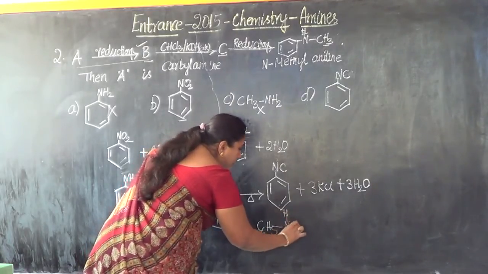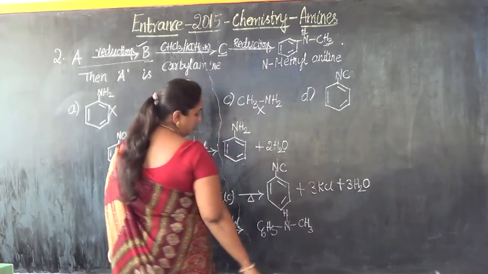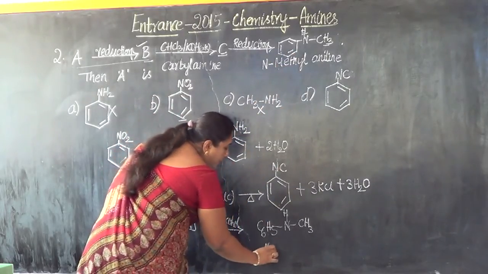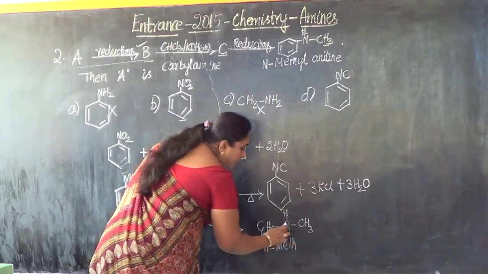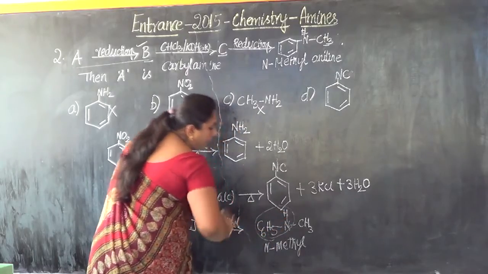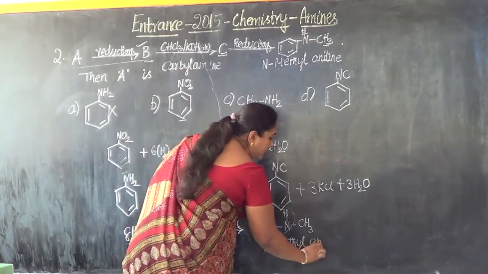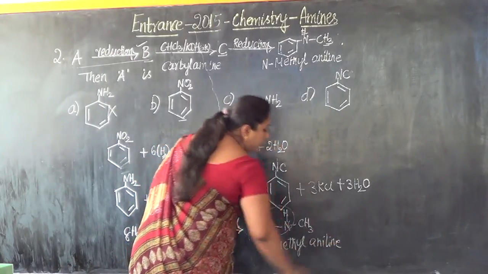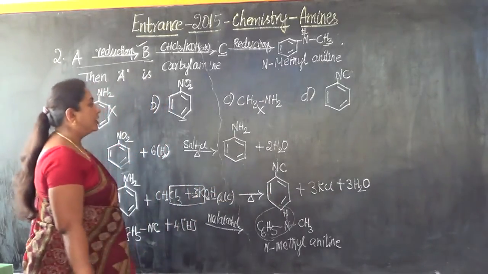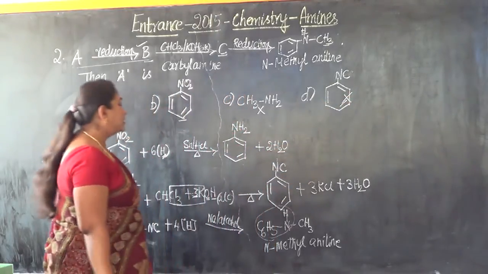So we get C6H5NH-CH3, where C6H5 is our benzene ring. Therefore the name of the product will be N-methyl aniline. Aniline is the trivial nomenclature, and N-methyl benzenamine would be its IUPAC nomenclature. So definitely it is not the other compound; this compound we obtain as a product.